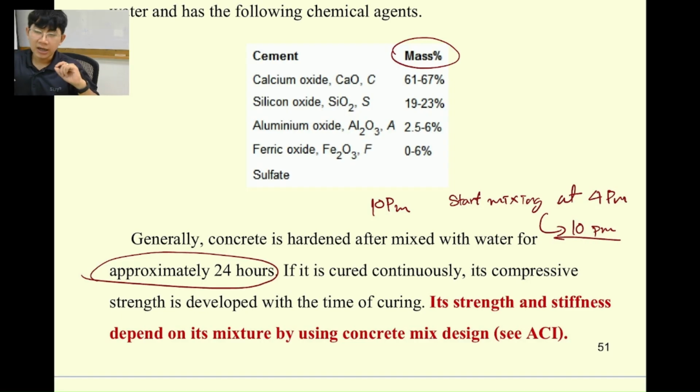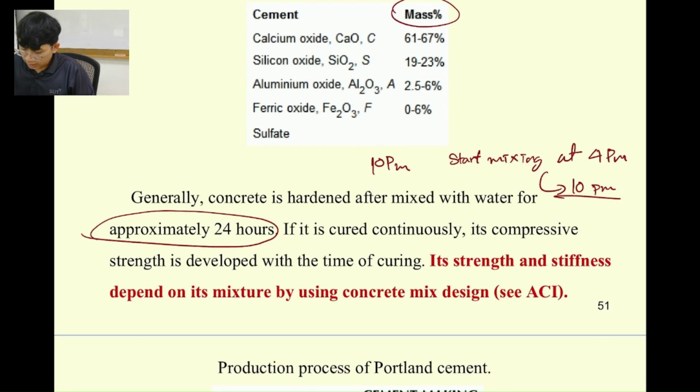That's why we need to take the mold out at least 24 hours later, in order to have as little deflection as possible. And then the strength and stiffness depend on the concrete mix design that you already did according to the ACI at the lab. So people told you how to do it already.